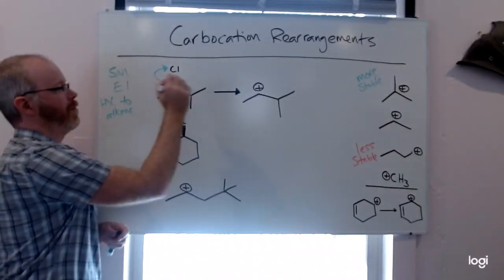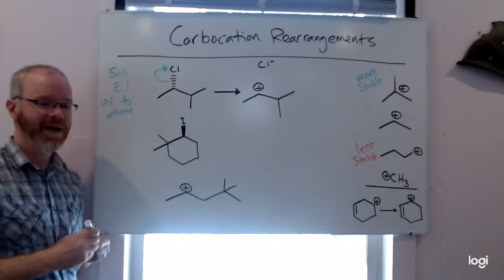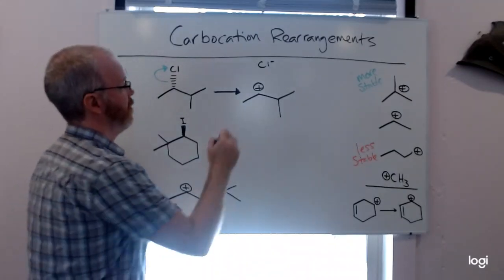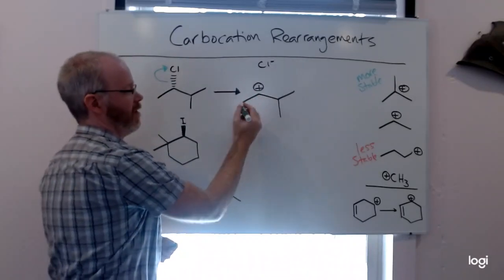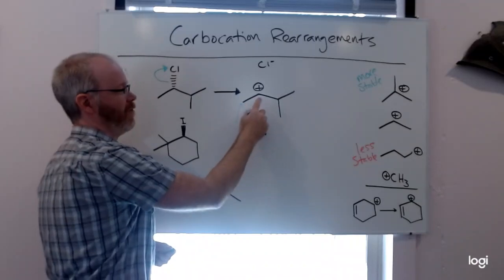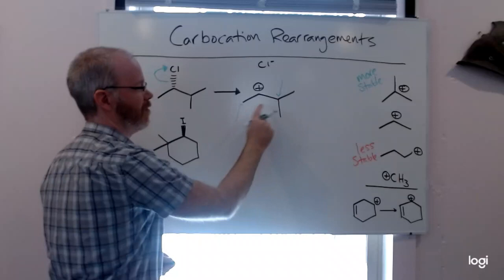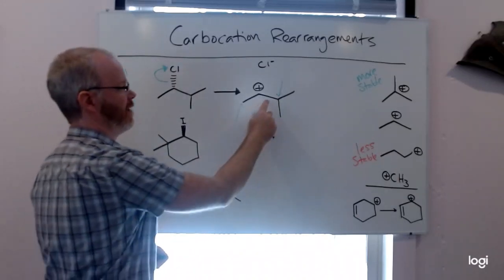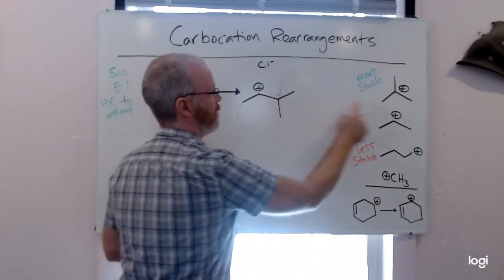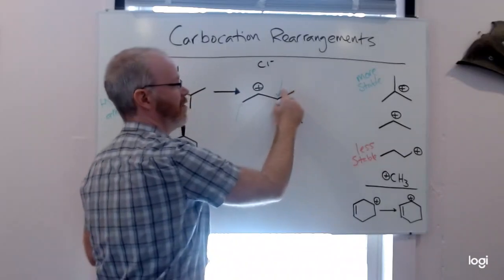If this bond breaks, that leaves us with a carbocation, and then we've got to stop and think, okay, can this rearrange? So here's the carbon with the plus charge. Would the carbocation be better 1 carbon over to the left, or would it be better 1 carbon over to the right? In this case, to the left, that's a primary carbon, that's going to be less stable. To the right, that's more substituted, tertiary, that's going to be more stable, so it'll rearrange to this spot here.